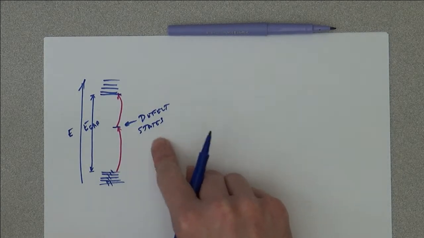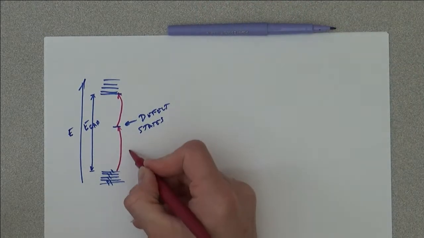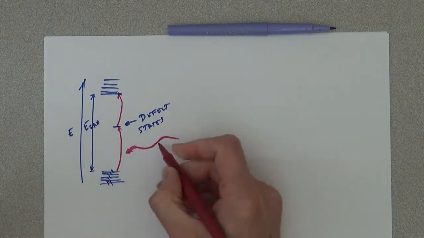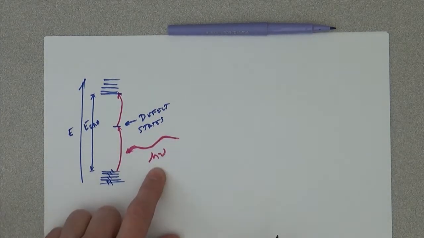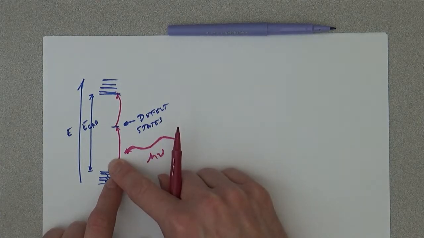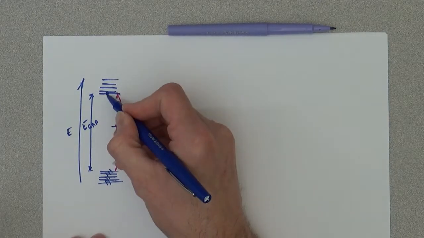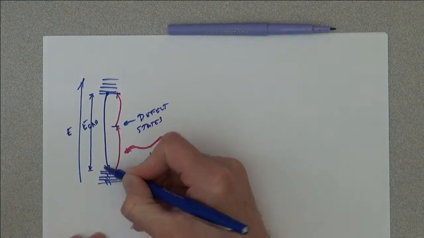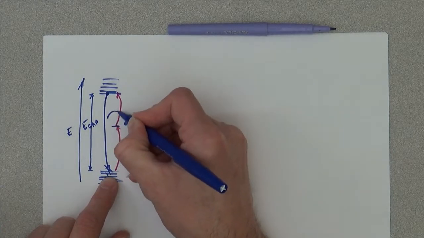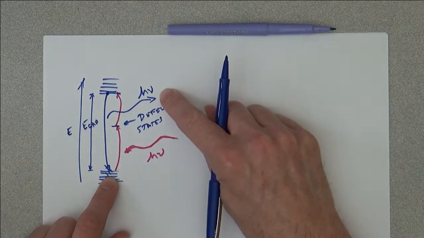Now talking about de-excitation, you know that for light coming in, when an electron gets promoted, it absorbs that energy. Well, it can also happen that an electron can be depromoted, and in that process, light is given off.